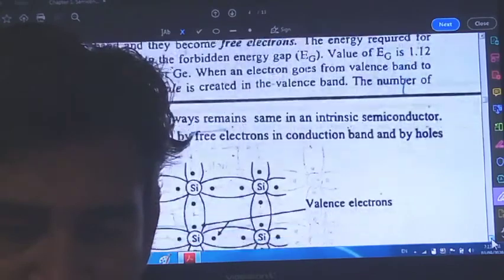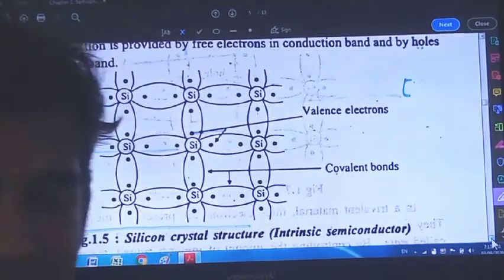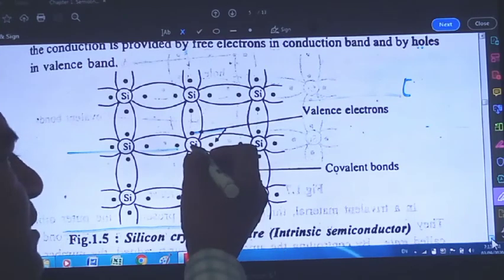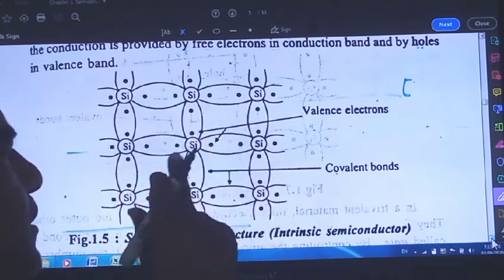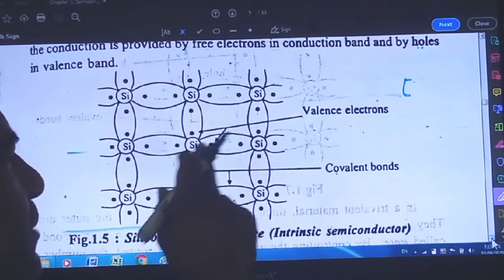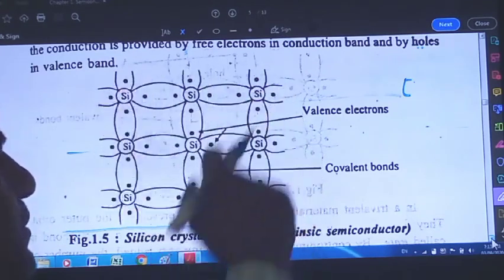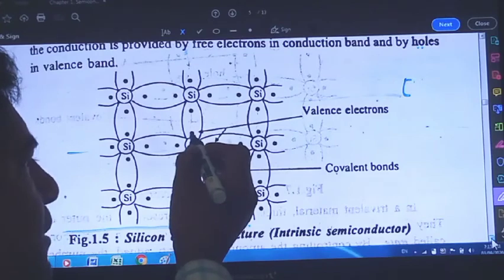Here you will be observing the diagram. This is the crystalline structure for silicon. Here silicon has been used. In the outermost orbit, there are 4 valence electrons.